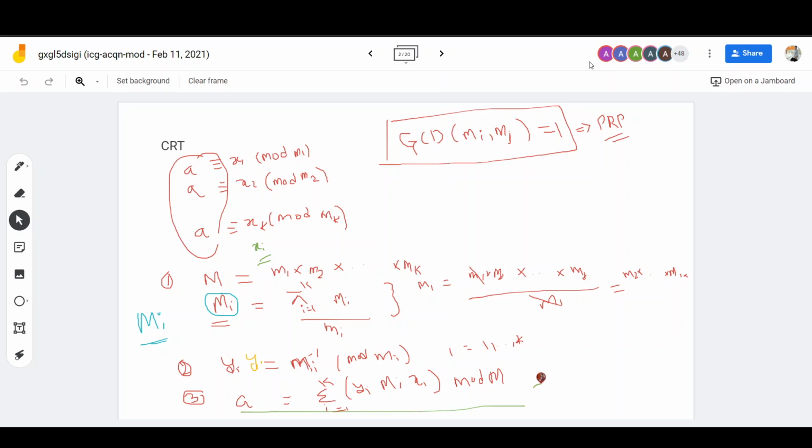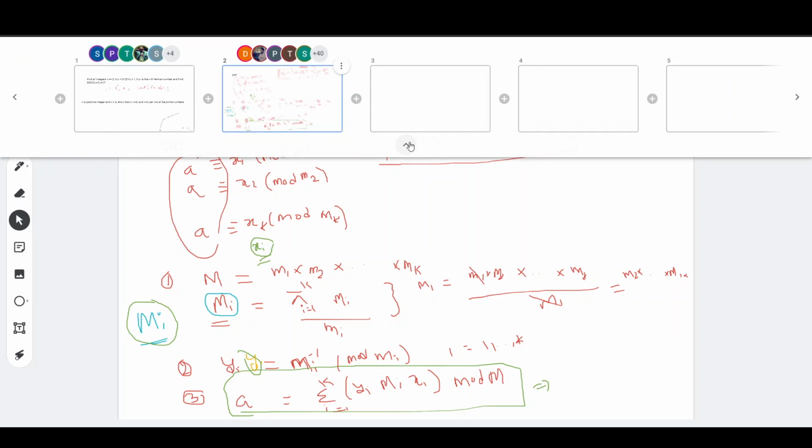Just multiply all of these: the yi value multiplied with the Mi value multiplied with the xi value. Whatever values come, you sum them up, then finally you apply mod M so that you get your resultant value. This is called the Chinese remainder theorem.